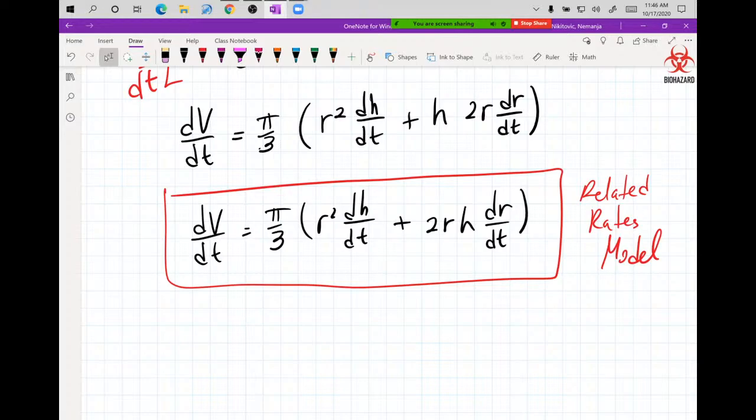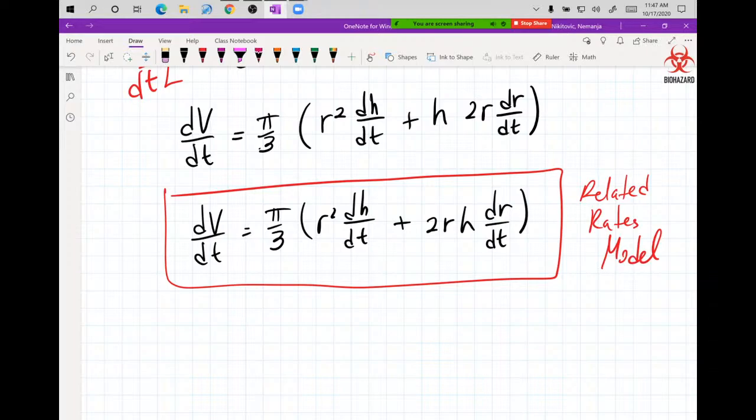And usually dV/dt is the one that is given, because you know how much stuff is coming in. And usually dh/dt is what you are looking for, because you want to know at what rate the height is growing, because you want to program it to shut off. It's dr/dt that is a problem that we want to get rid of, because you know r and h, we can measure those, right?